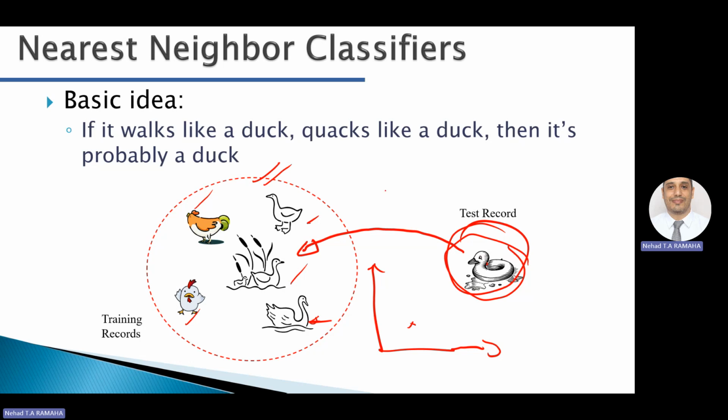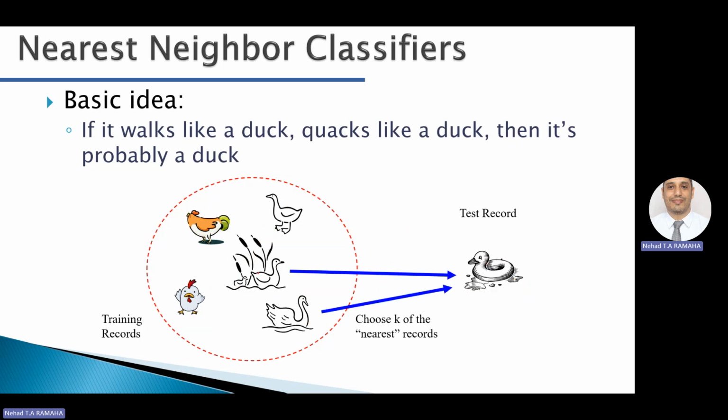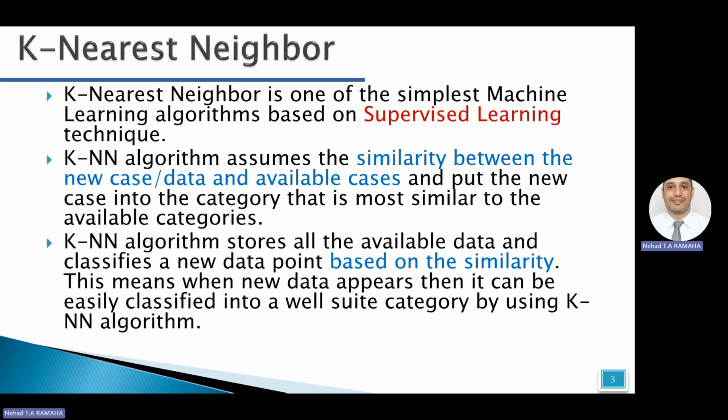For example, if we have 3 or 2 data as duck, and we have one data as chick, and this one here is around them, then most probably it is a duck. This is the basic idea, but how to calculate it?